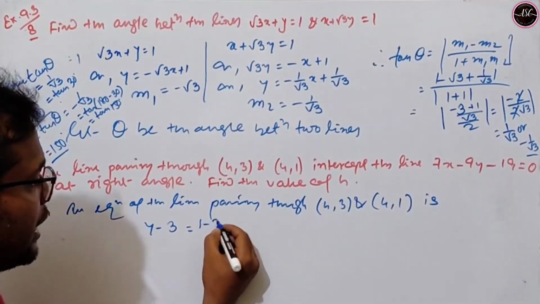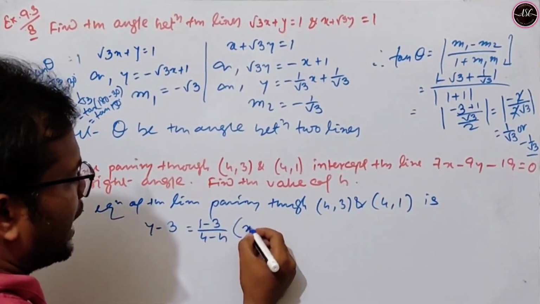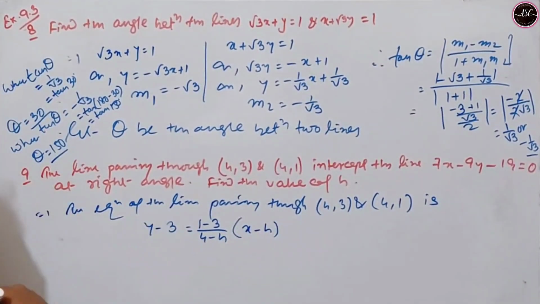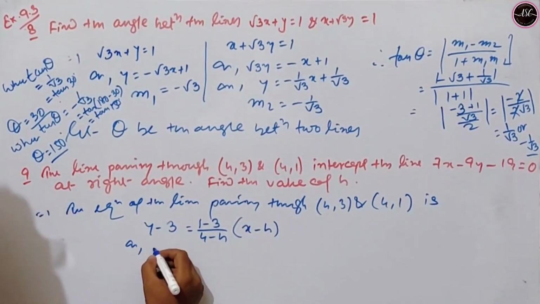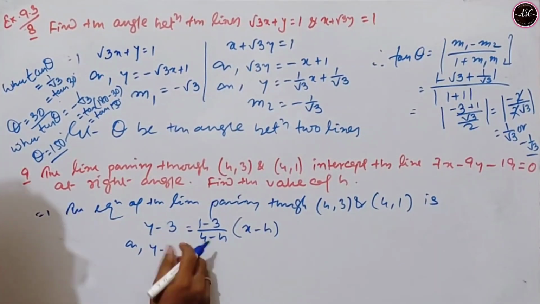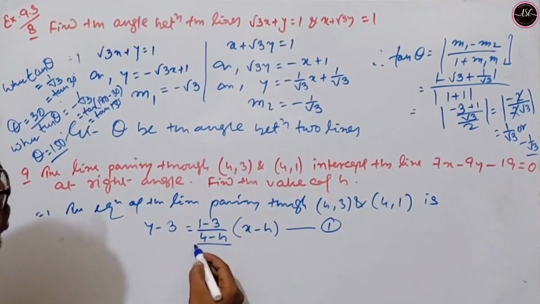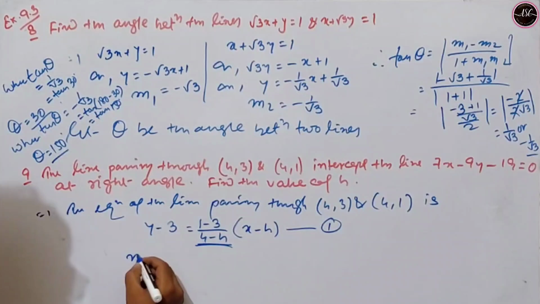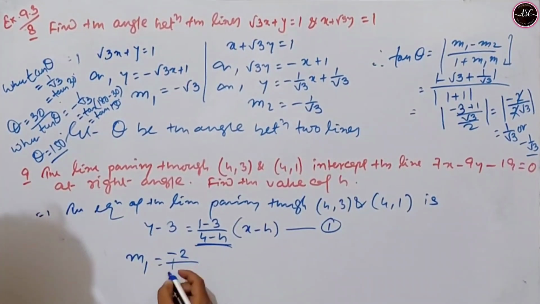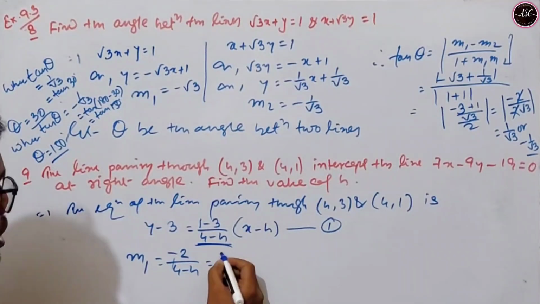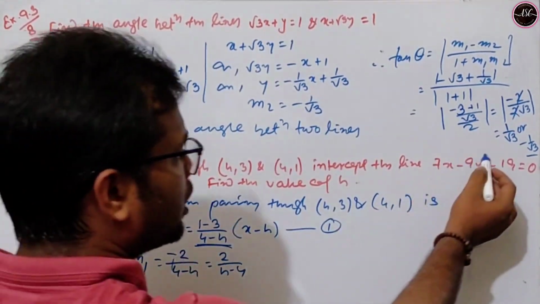That means (1 minus 3) divided by (4 minus h) into (x minus h). Here the slope is m1 equal to minus 2 divided by (4 minus h), or this can be written as 2 by (h minus 4). And this is perpendicular to the other line.